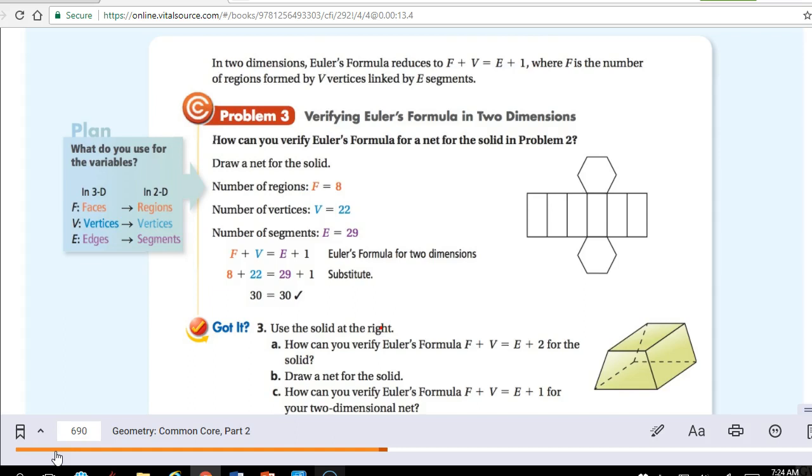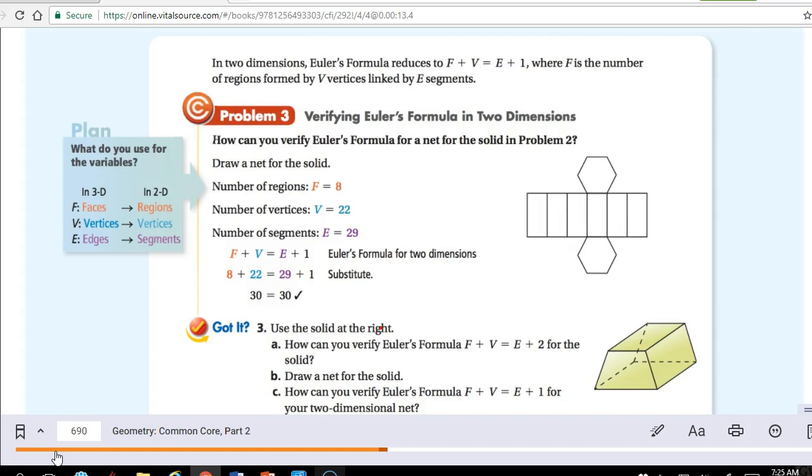And for some people, they really struggle visually with this. But if you could take a problem, I think this was in problem number 2, and you could lay it out flat, you would have a hexagon on top and one on bottom, and then the 6 sides that wrapped around that would be laid out flat. Now, this is not the only way you could have drawn the picture. This is just one example of the picture.